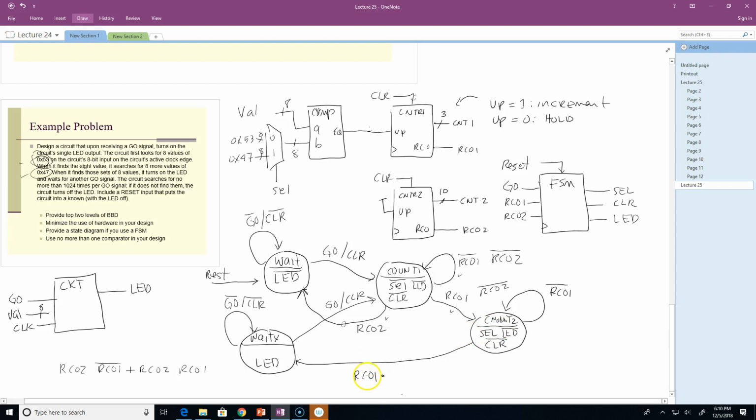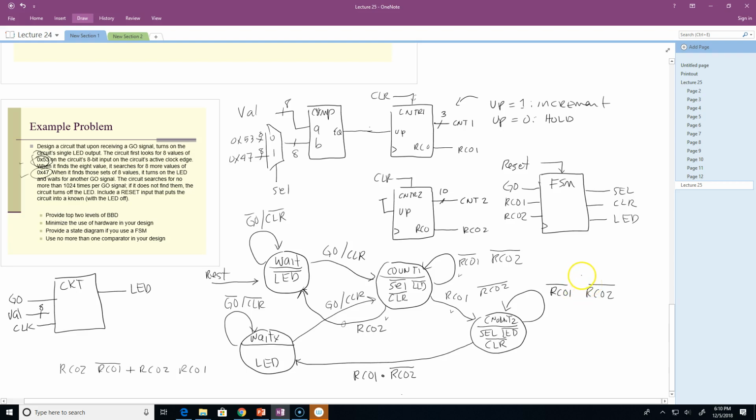Okay, so this indicates I've hit my 8 count, and that means RCO1, and I'm interested in RCO2 being off. Okay, so I need to include RCO2 in these things. RCO2, there's my RCO2 up here.